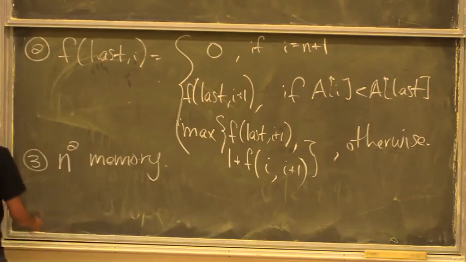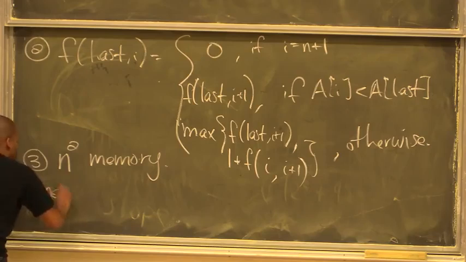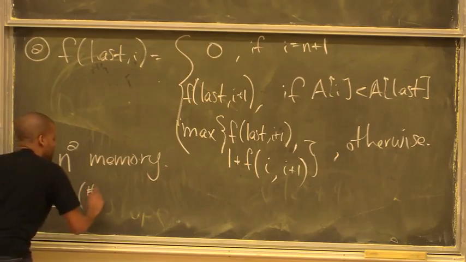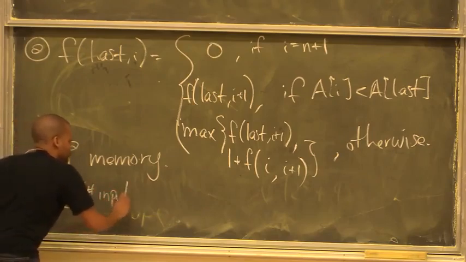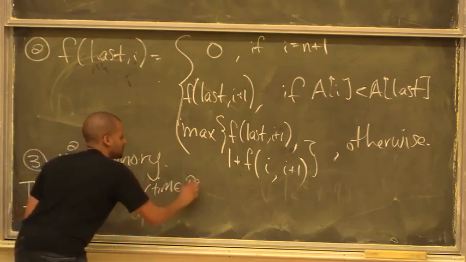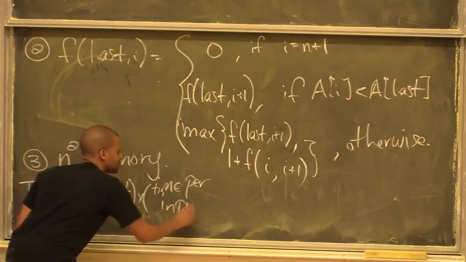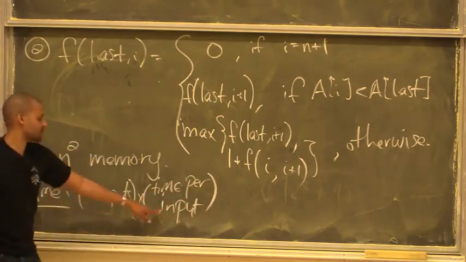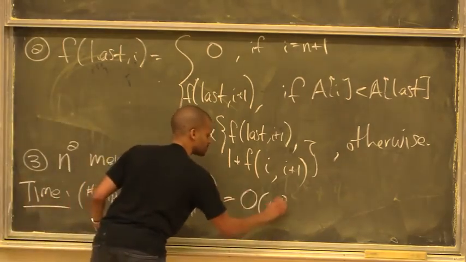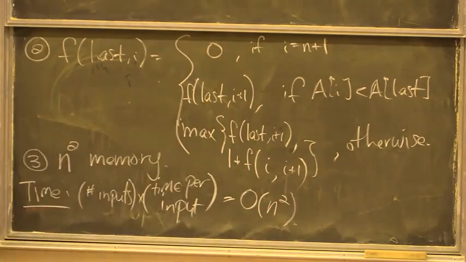So the time is at most the number of inputs times the time per input. This is constant, this is n squared, so the time is O of n squared. Okay.